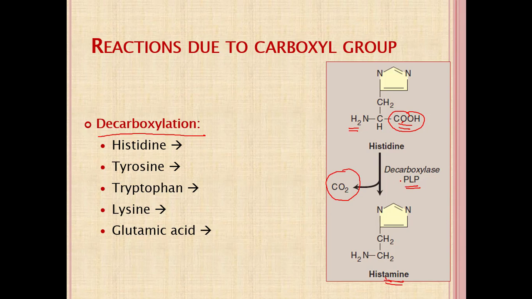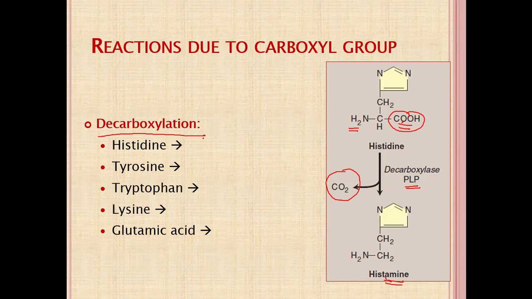So you can correlate amino acid metabolism with vitamin metabolism. In general, remember that the decarboxylase enzyme is required for decarboxylation, it requires the cofactor pyridoxal phosphate, and it converts the amino acid into the respective amine.